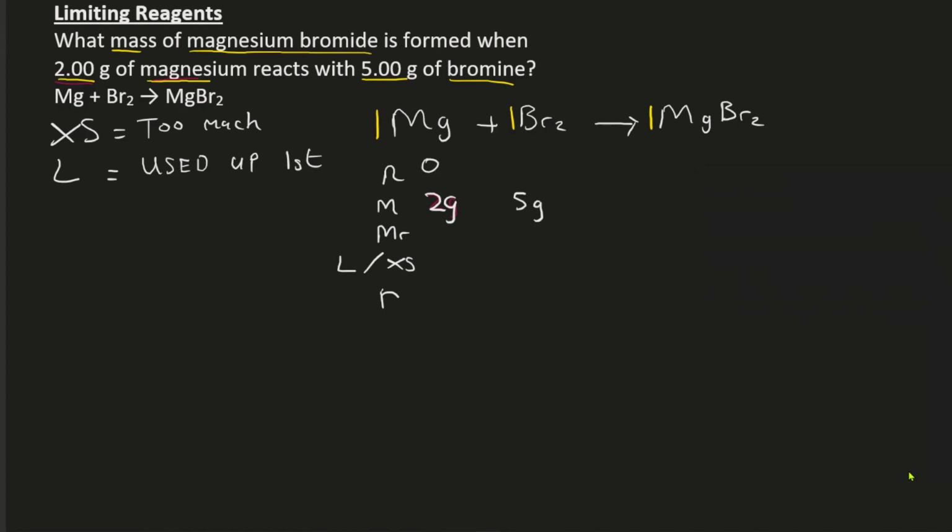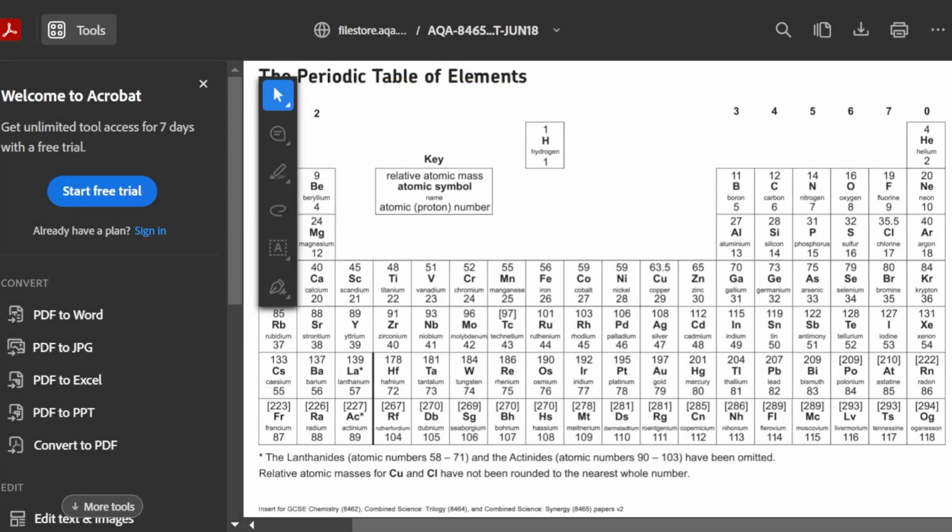So let's write that down over here, 0.083. Now be careful over here because we've got 2 bromines over here. Now bromine has a MR of 80. Just be careful with what kind of numbers you have for your MR. Now I'm doing the AQA periodic table here, so the AQA exam specification might be slightly different to another periodic table from a different exam board.